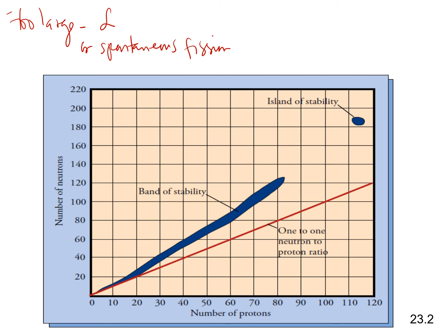If they are in this stability region, they are not radioactive, meaning they don't decay.